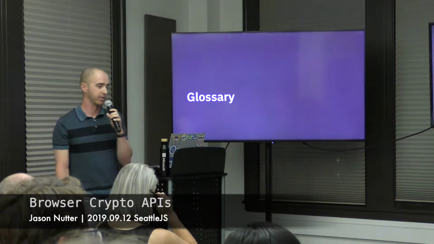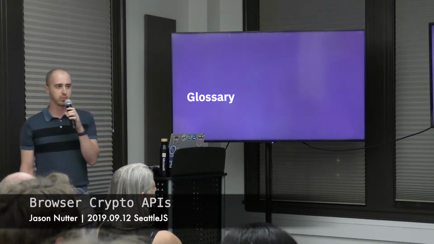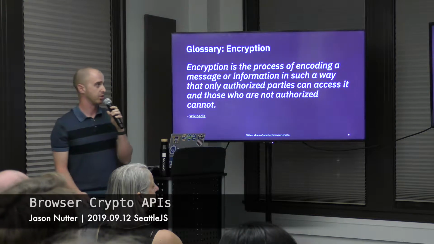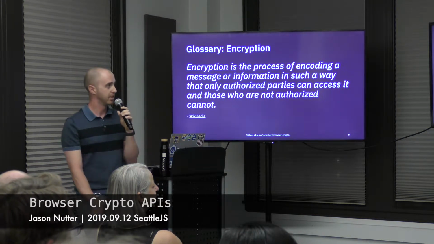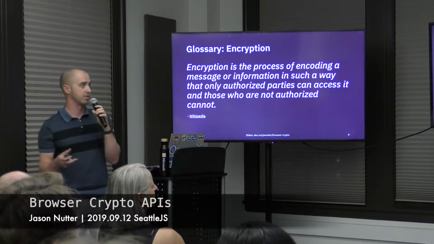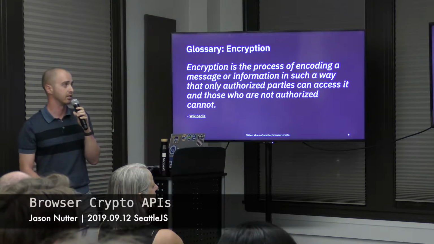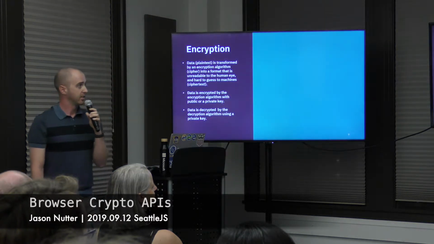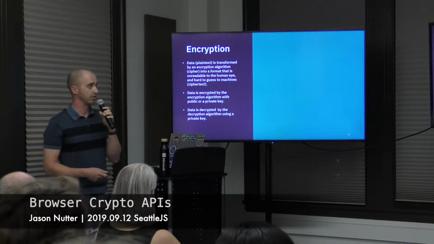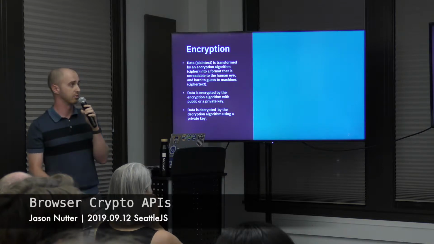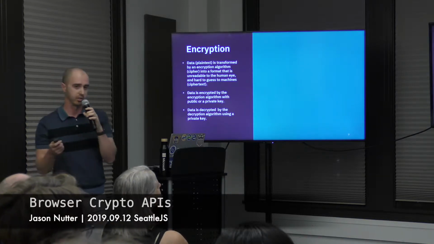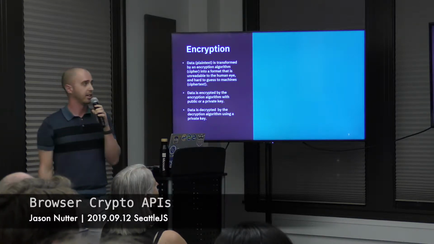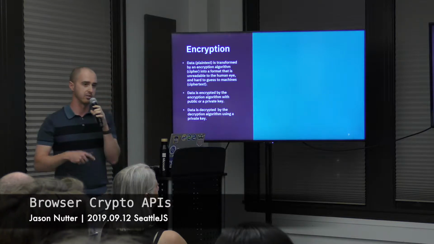So we'll go through a quick Crypto 101. It might be a review for some of you, but for some of you maybe not. So what is encryption? This is from Wikipedia. Encryption is the process of encoding a message or information in such a way that only authorized parties can access it, and those who are not authorized cannot. So the terms here are, you take data, or plain text, as it's referred to, and it's transformed by an encryption algorithm, also known as a cipher, into a format that is unreadable to the human eye and hard to guess for machines, and this is a ciphertext.